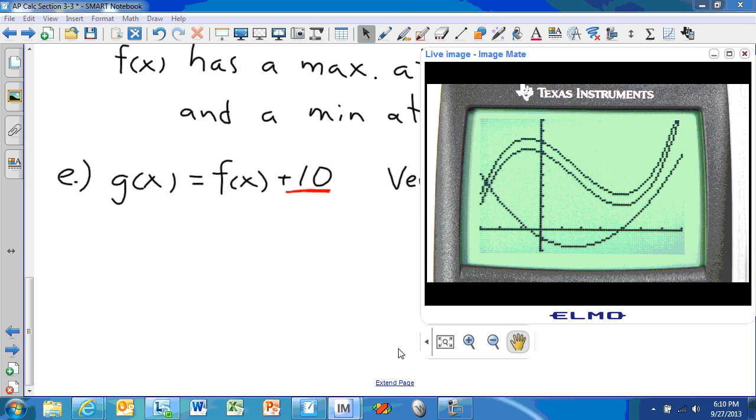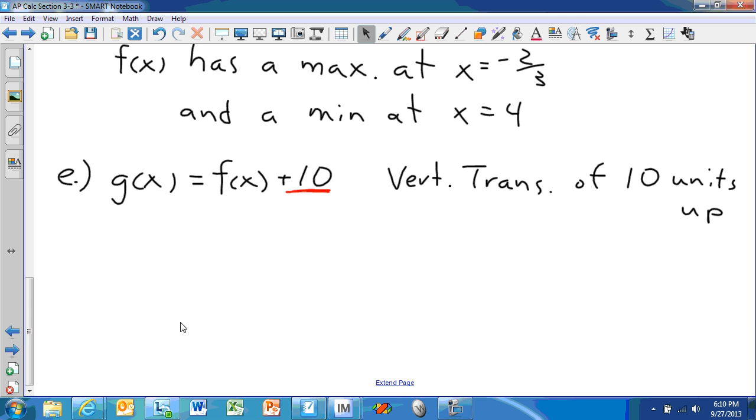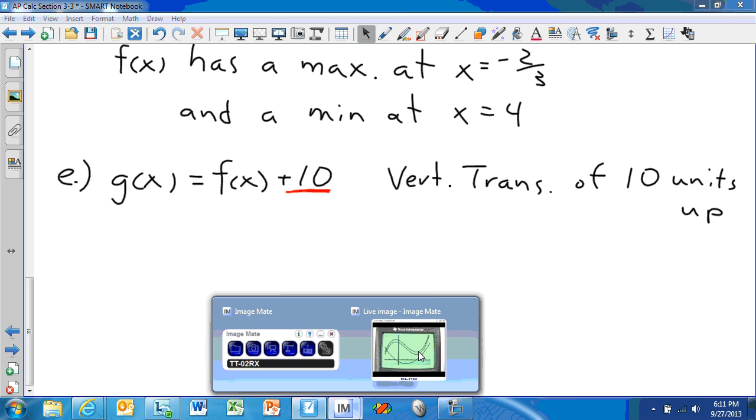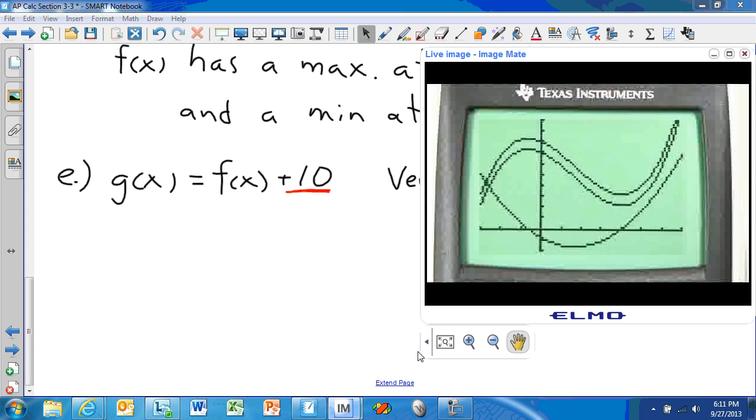All right, the second part of this says to also, on the same screen, plot g prime. So if we consider what g prime of x is, g prime of x, of course, is going to be the slopes of this function that we just defined. So if we compare, let me go back to my graph there, if you compare the original function f of x with g of x, all we did was shift that function up 10 units.